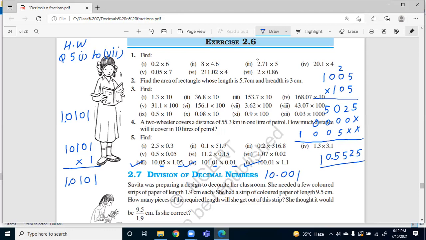Yes, let me check. No, that is coming wrong, Samraj.